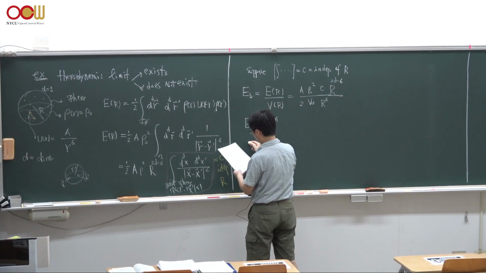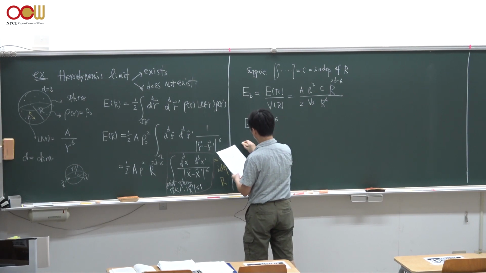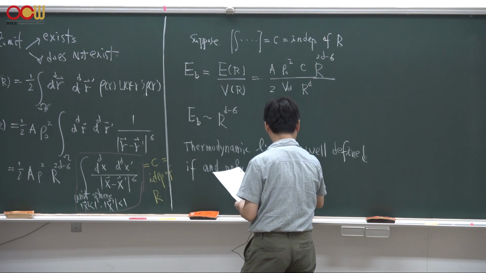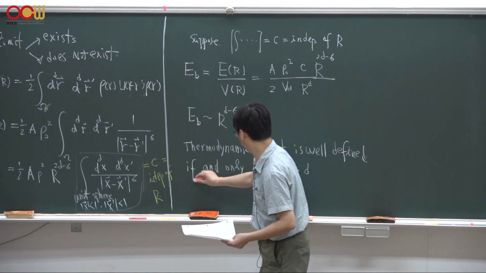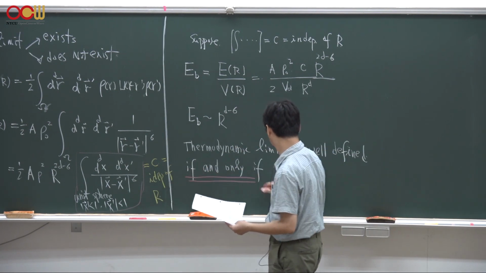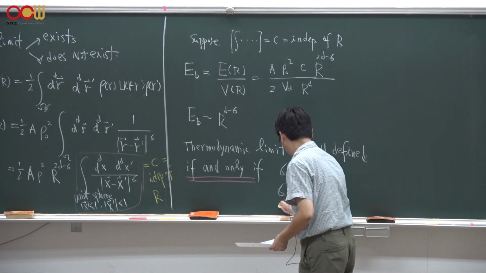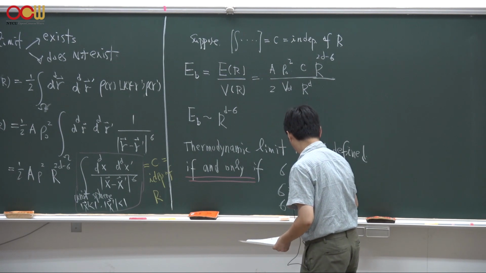The thermodynamic limit is well defined if and only if sigma is greater than d. We will see that in just a moment. It means that if sigma is equal to d or sigma is less than d, we have a problem.